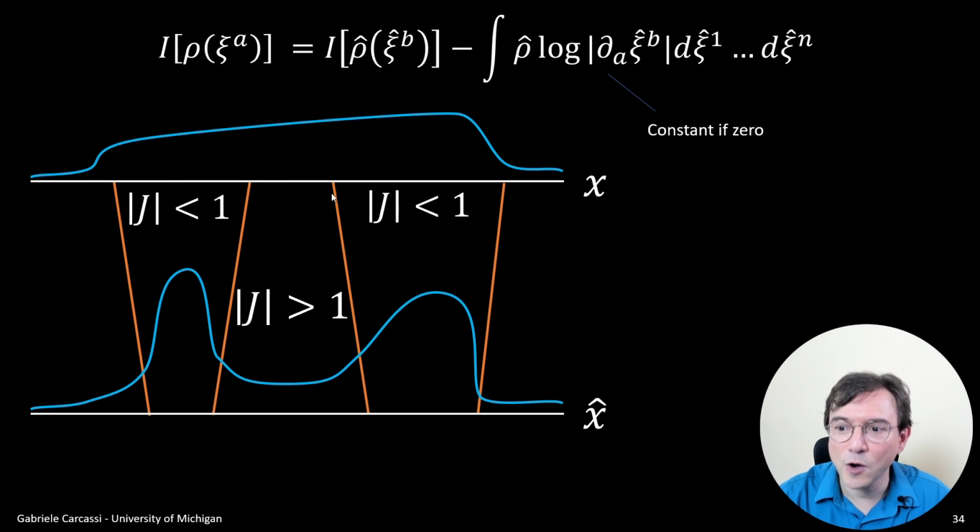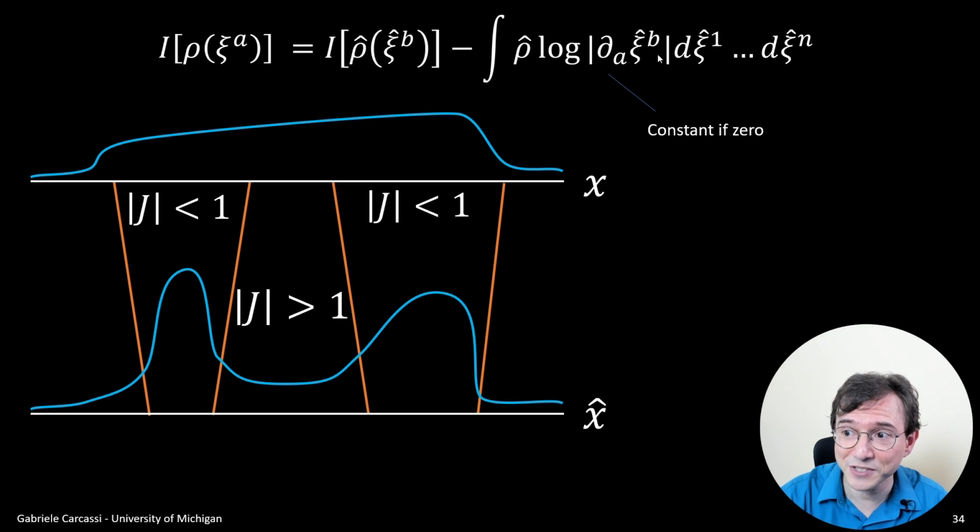And in this area where we are stretching, the distribution becomes more flat. Where we are peaked, we are going to have less entropy, and when we have a more uniform, more stretched out distribution, we are going to have greater entropy. So you can see that depending on where you are in the distribution, depending on the Jacobian in that part of the distribution, your entropy is going to go up or go down.